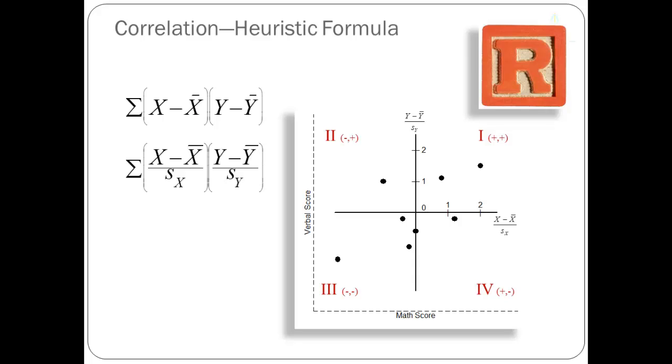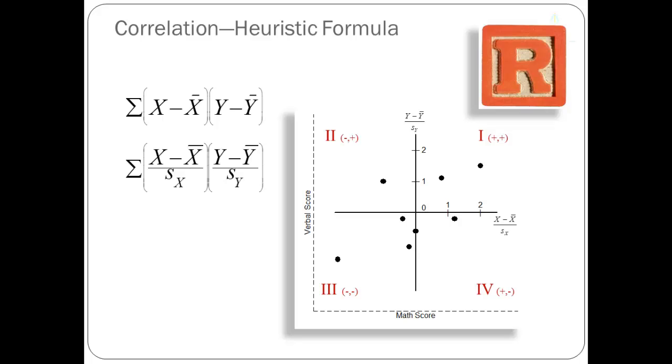Same thing with this math test and verbal test. Maybe the math test was out of 200 points and the verbal test out of 10 points. How do we compare those two measures if they're not standardized? It's very difficult. We could convert them to z-scores first to make them relative measures, measures relative to their means, and then be able to assess how they relate to each other.